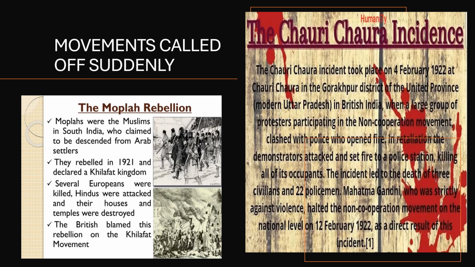The British blamed this rebellion on the Khilafat movement. In the Chora Chori incident, while the non-cooperation movement was going on, on 4th February 1922 in the Chora Chori area of the Gorakhpur district, a mob gathered and set fire to the police station, and a lot of policemen died on the spot.